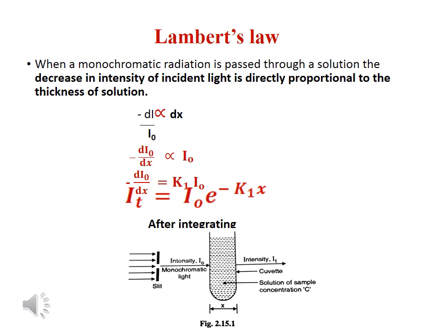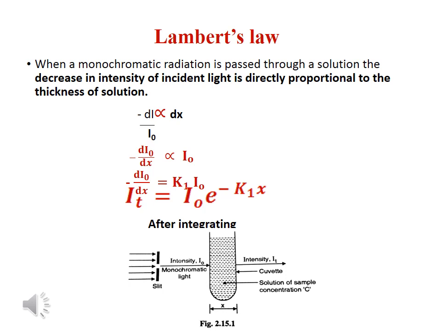It means when we are passing a monochromatic light, and suppose we have kept some chemical solution in our test tube which has thickness x or path length x, after the absorption of incident radiation, when the light comes out, the intensity of that transmitted light is less, and that decrease in the intensity of the light is directly proportional to the thickness of the solution.